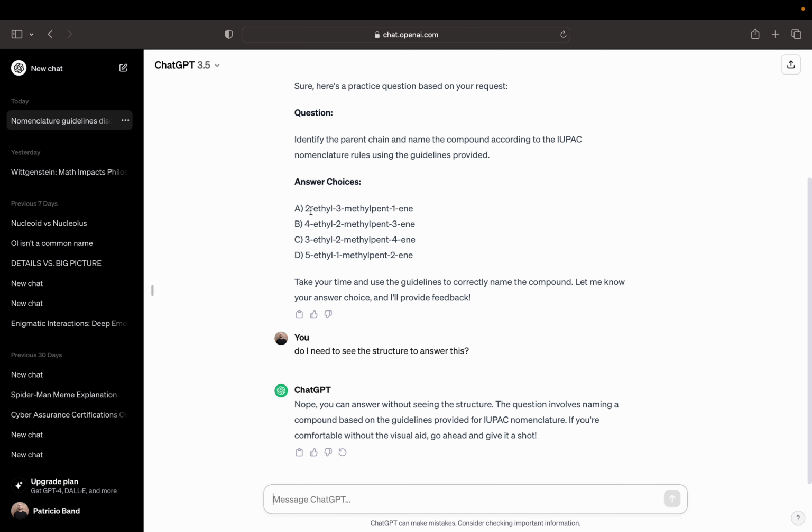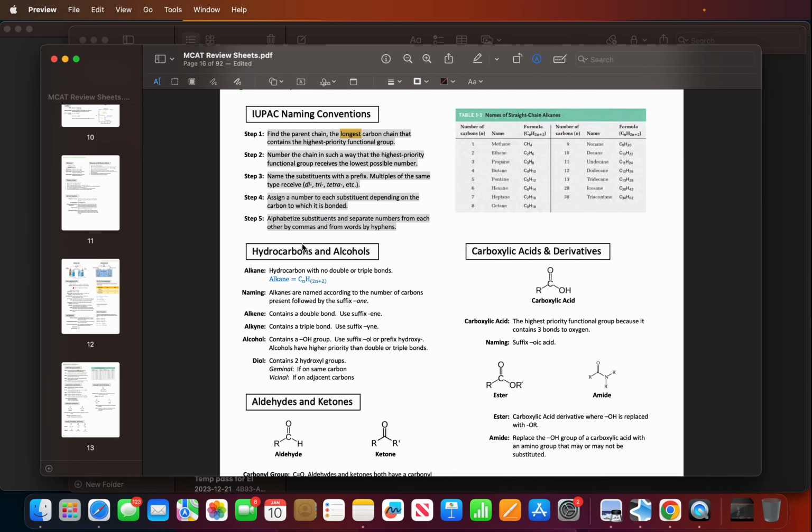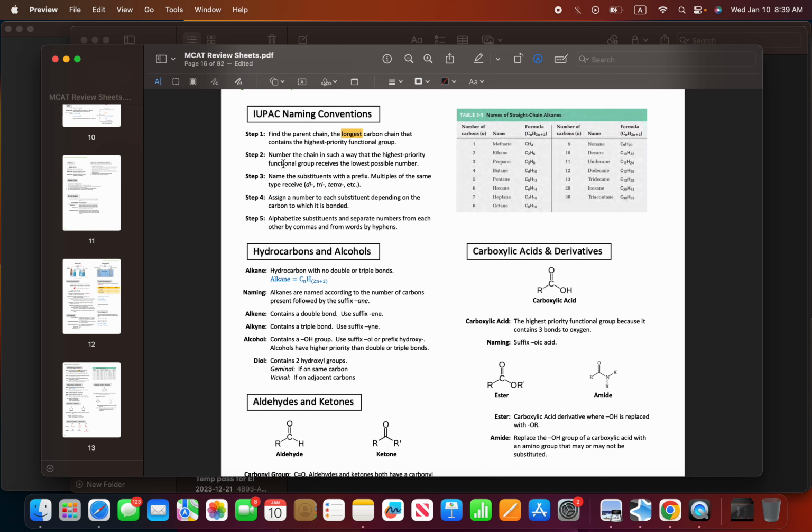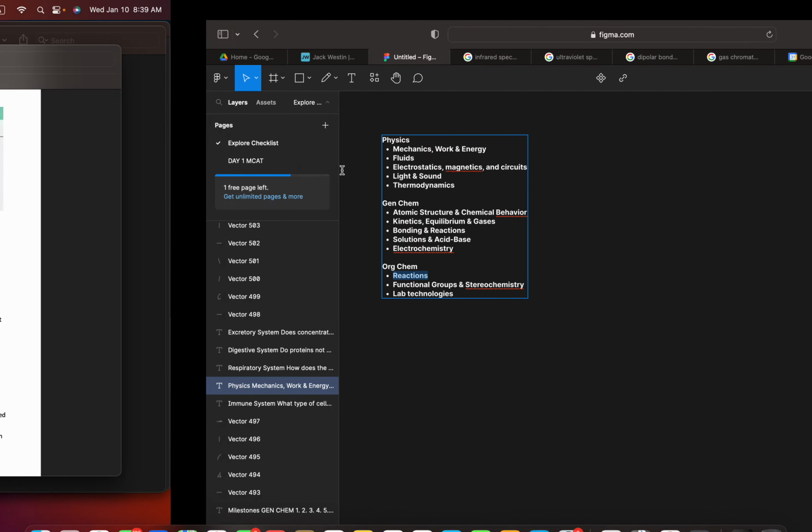So do we start from the lowest number? Number the chain in such a way that the highest priority functional group receives the lowest possible number.